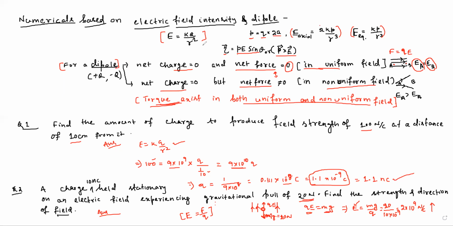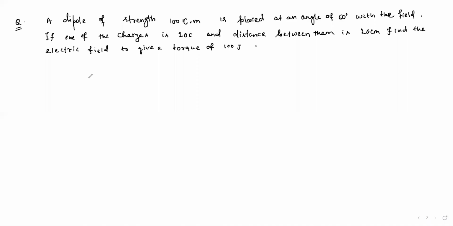So next we'll move to another question related to electric field. A dipole of strength 100 Coulomb into meter is placed at an angle of 60 degree with the field. If one of the charges of the dipole is 10 Coulomb and the distance between them is 20 centimeter, find the electric field to give a torque of 100 joule. So you know the formula, tau equals PE sin theta.